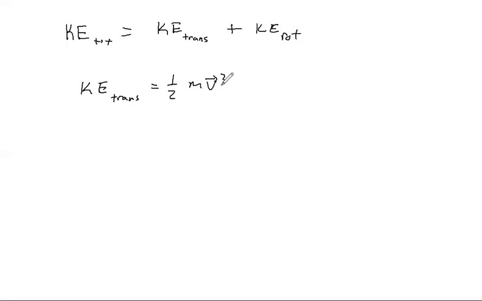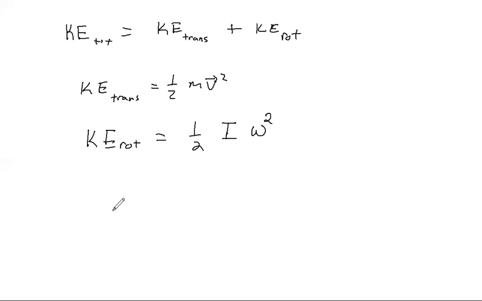And that really should be a vector dot product with itself, but usually in these problems we only have one thing going on at a time. And then we have the rotational portion, and that equals 1/2 the moment of inertia about the axis which it's rotating about. So you have to look at the situation and figure out what is the appropriate I to use, times omega squared.